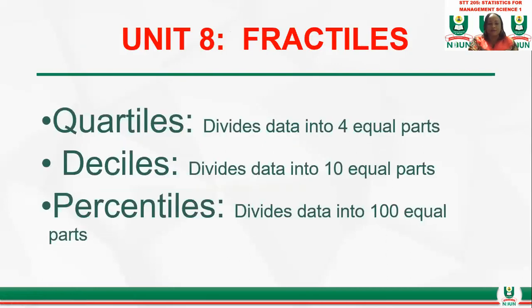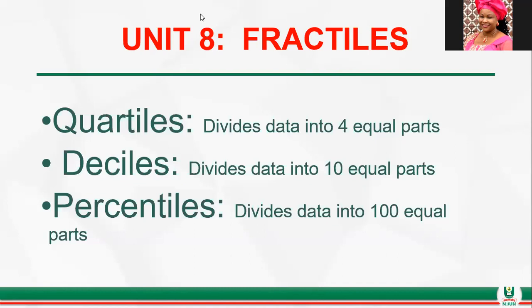Looking at the fractals, what comes into your mind immediately you have the word fractals? The definition is on page 95 of your course guide. Now the fractals is a cutoff point for a certain fraction of a sample.